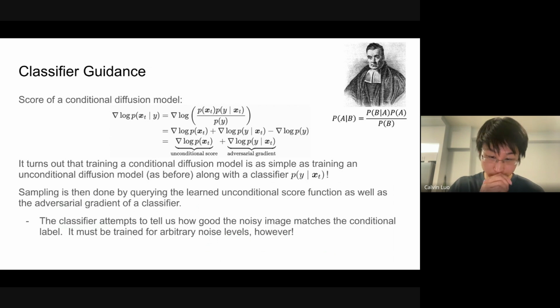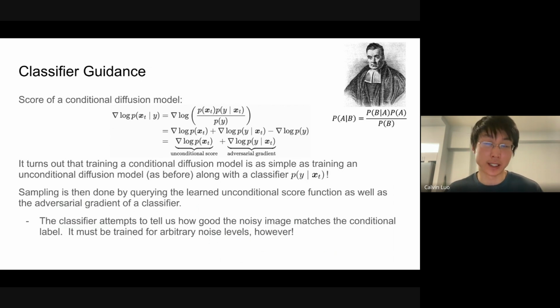So this classifier is attempting to tell us how well the noisy image matches the conditioning information, but we cannot directly apply pre-trained out-of-the-box classification models because the input for this classifier is xt.